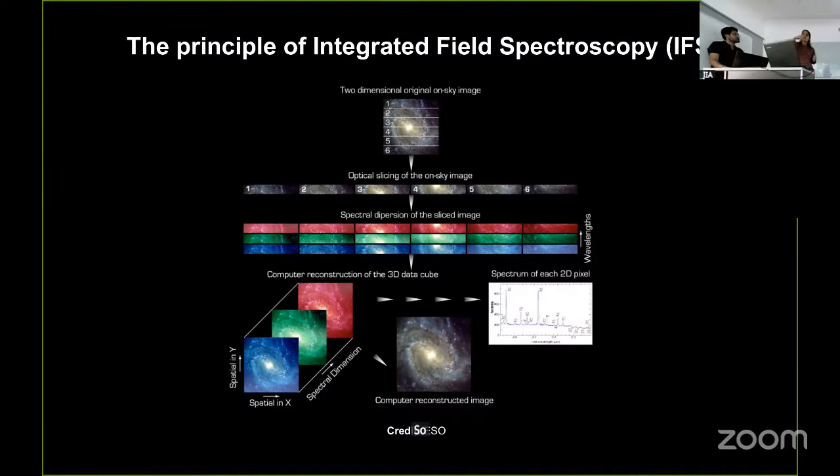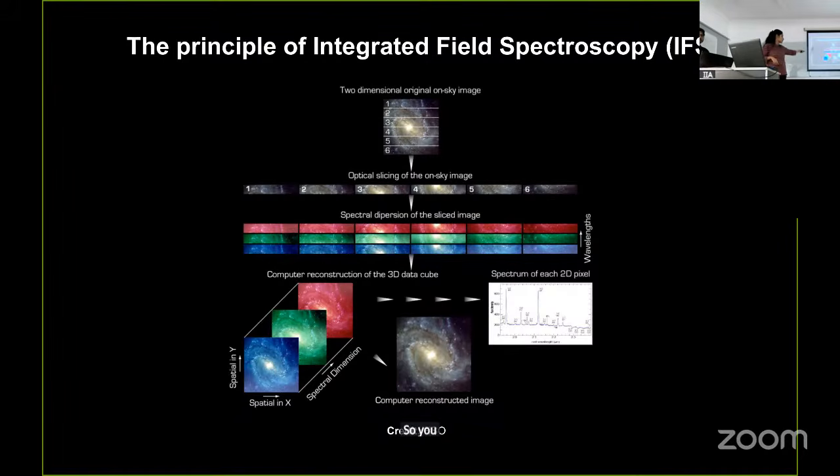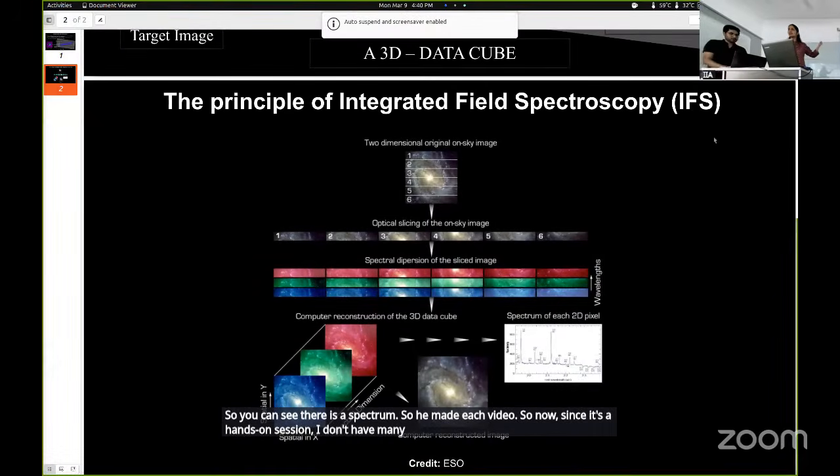So each slice will give you a spectrum. Each pixel can be considered as a slice, and each of them has a spectrum. Since it's a hands-on session, I don't have many more slides.